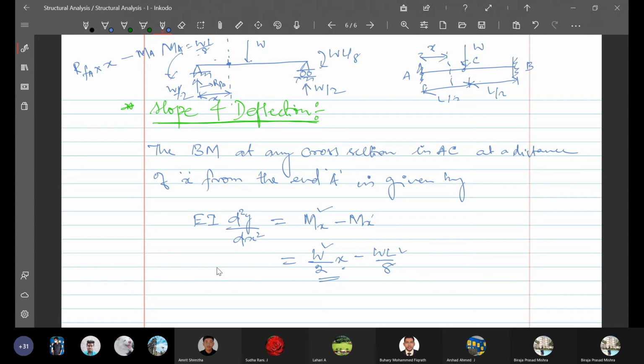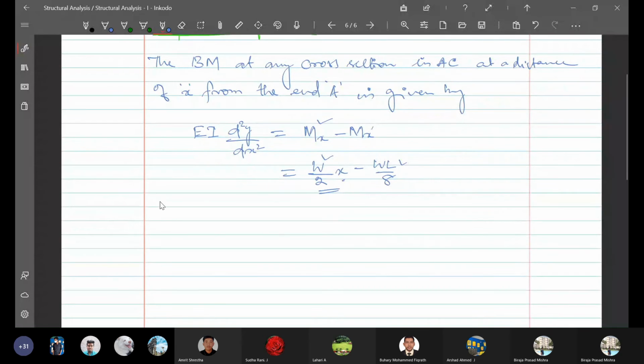Right? So now if I integrate on both the sides, we have EI into dy by dx equals, if I integrate this one, Wx square divided by 4 minus WL into x by 8.